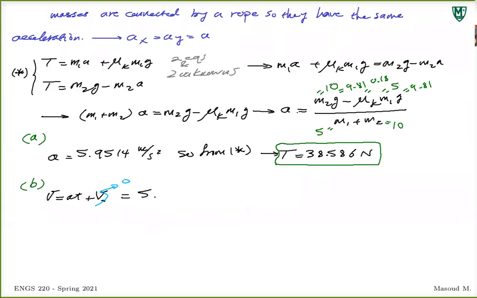This becomes 5.9514 after 1 second. So pretty much is 5.9514. Don't know why they carry that many digits, meters per second. This becomes your velocity after 1 second.